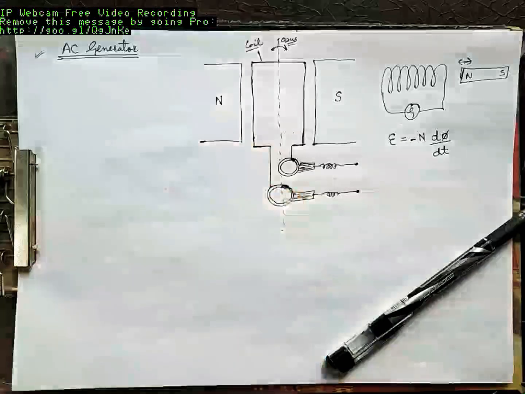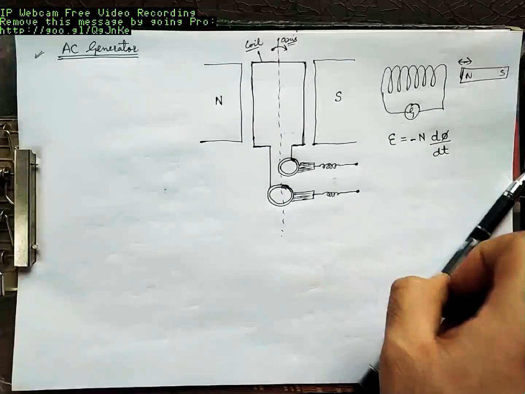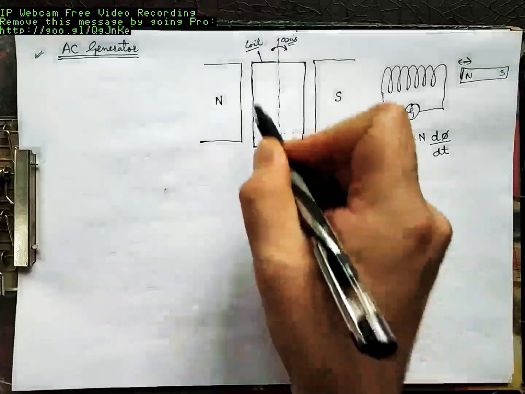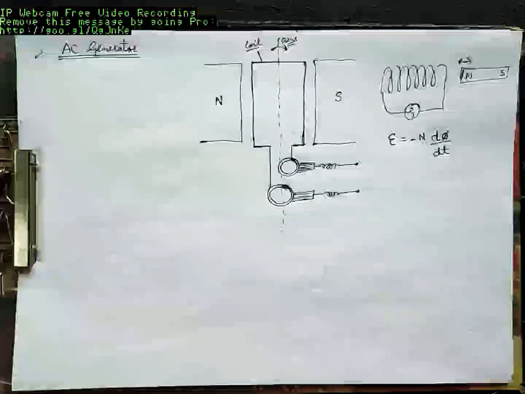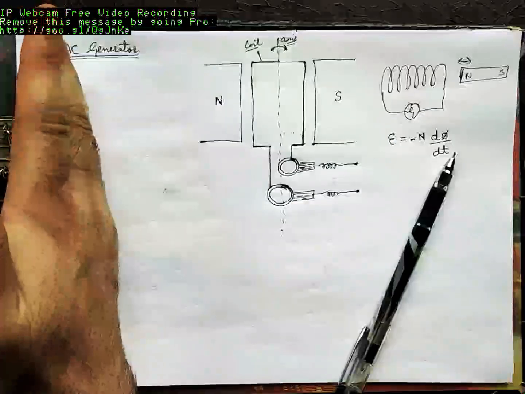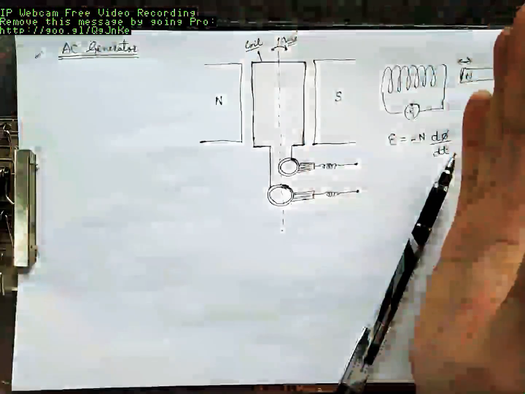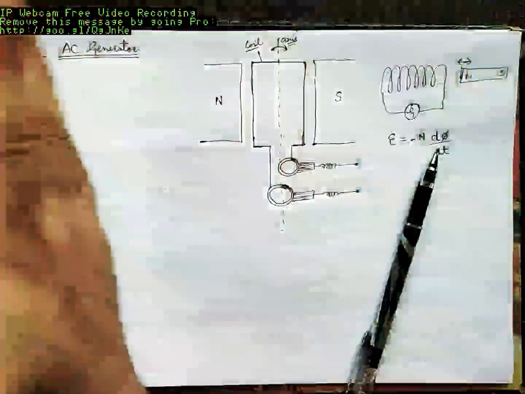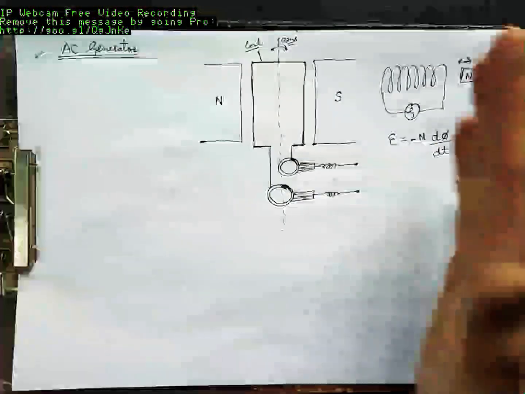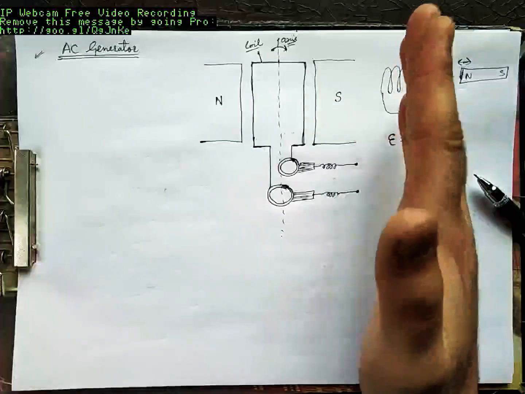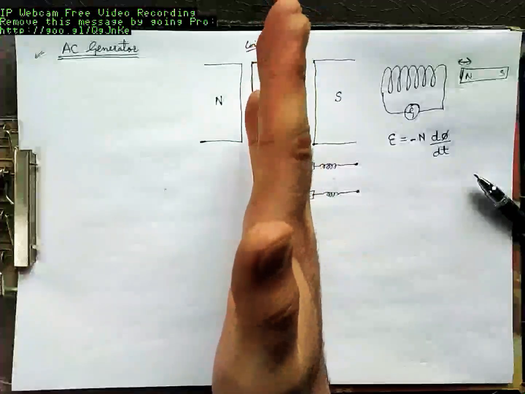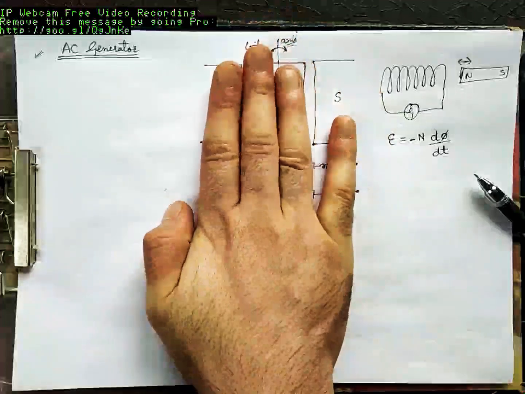Now tell me one thing. You have this coil inside the magnetic field. North Pole is on this side, South Pole is on this side. This is my coil, and I'm keeping this coil in this position.